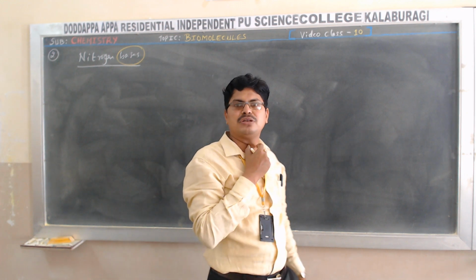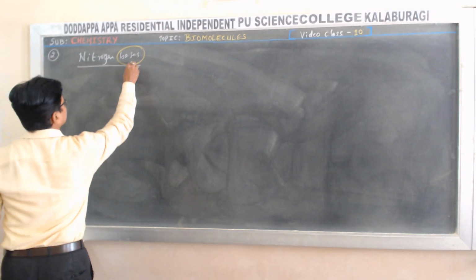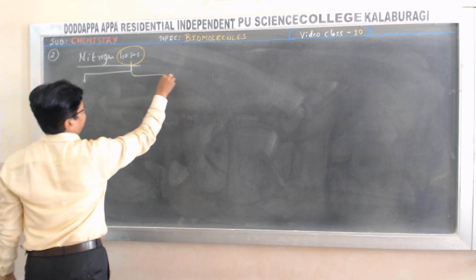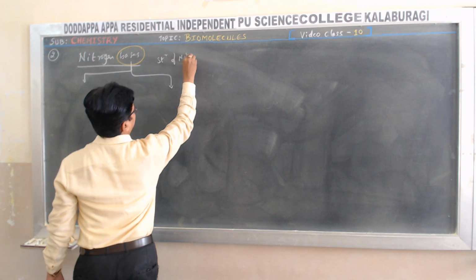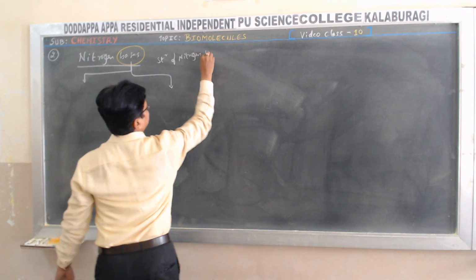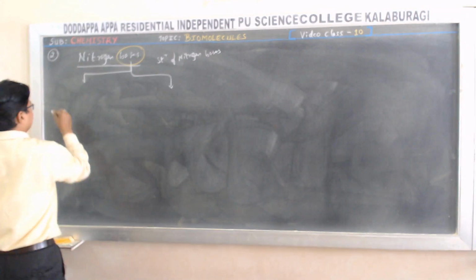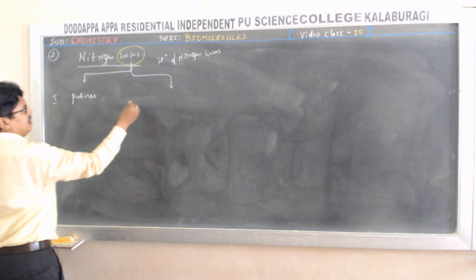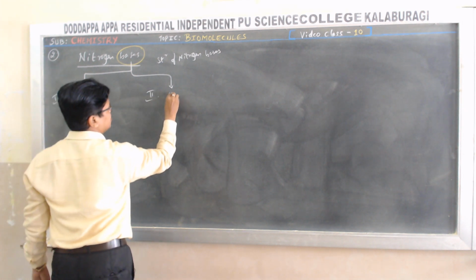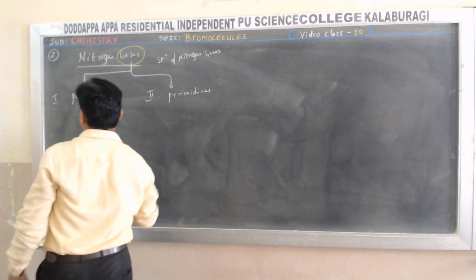Based on the structure of nitrogen bases, the bases are classified into 2 types. One is purines, another one is pyrimidines.